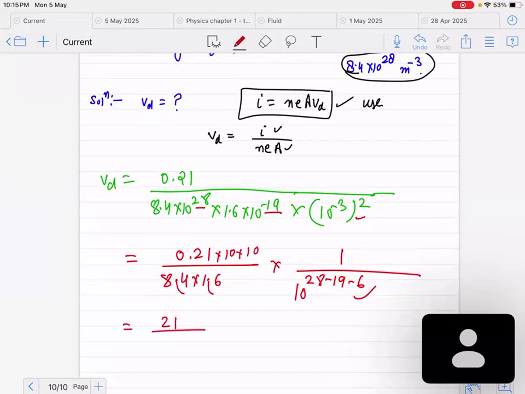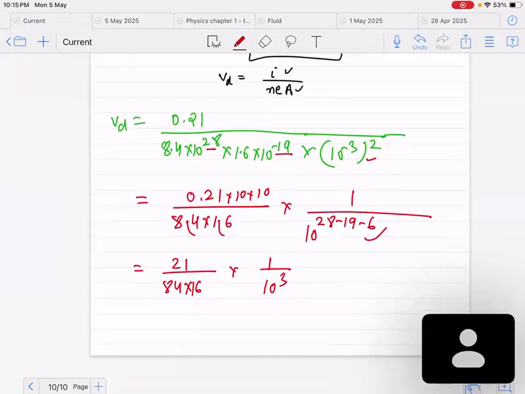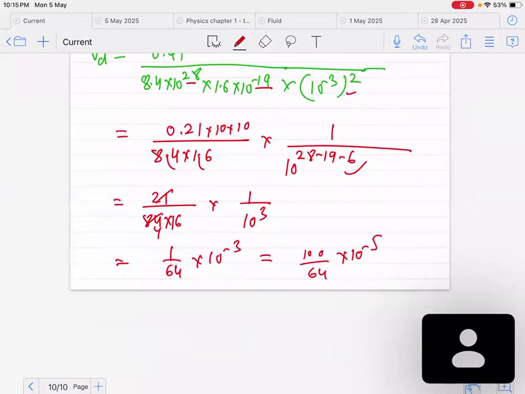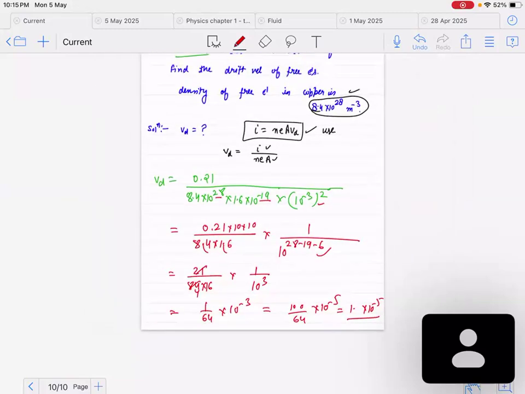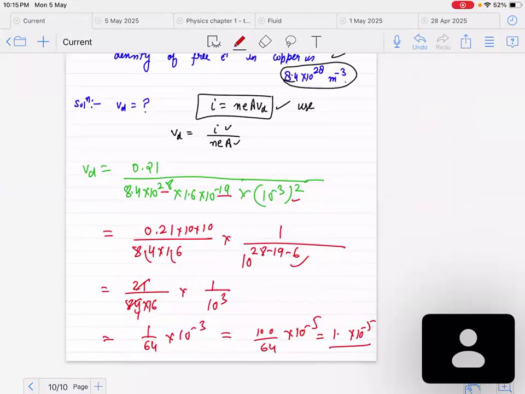So it is 0.21 upon 8.4 into 1.6 into 10 to the power 3. So 21 upon 84 into 16 into 1 upon 10 to the power 3. So 100 upon 64 is roughly 1 point something into 10 to the power minus 5. And what I was writing, the answer was 1.5 into 10 to the power minus 5.